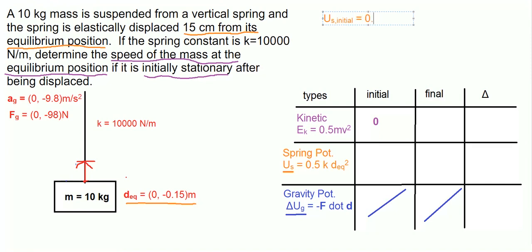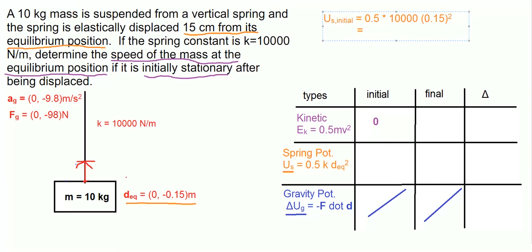And this can be found by taking 0.5, multiplying it by k, which is 10,000, and then multiplying it by the magnitude of our displacement from equilibrium squared. All right, so putting this all together, we can actually turn this initial displacement from equilibrium into a finite number of joules.